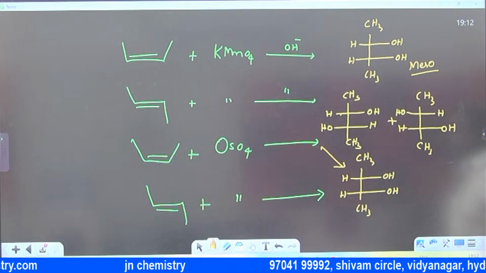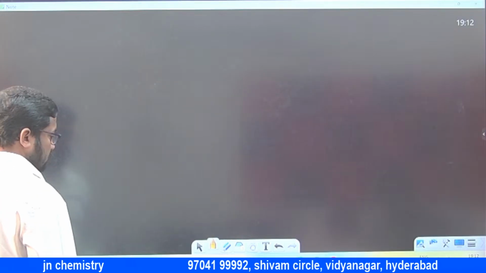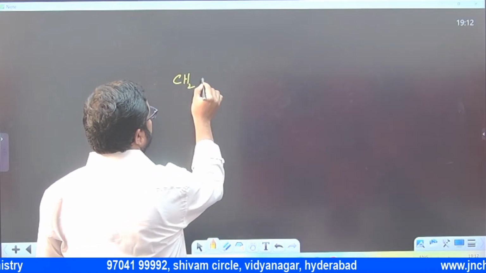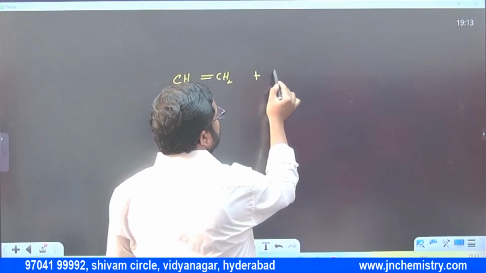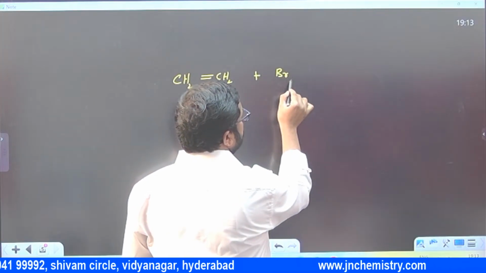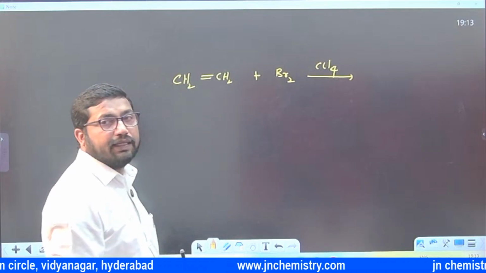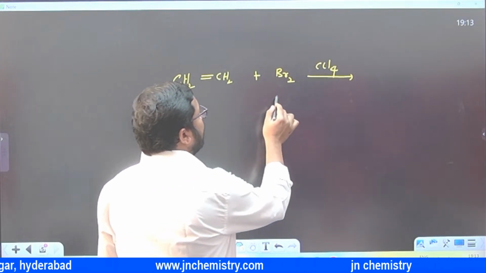Right? For example, the same reactions. Cl2 or Br2 in presence of CCl4, carbon tetrachloride. What exactly happens? In this case, anti-addition.